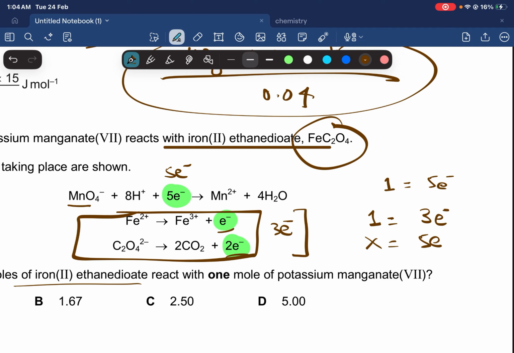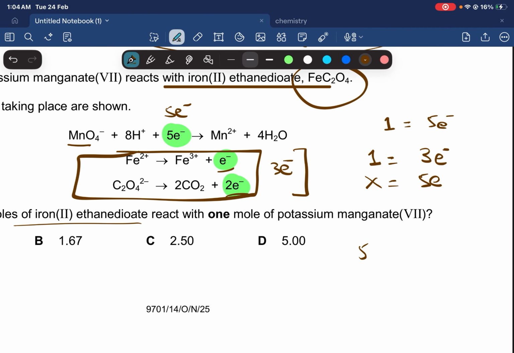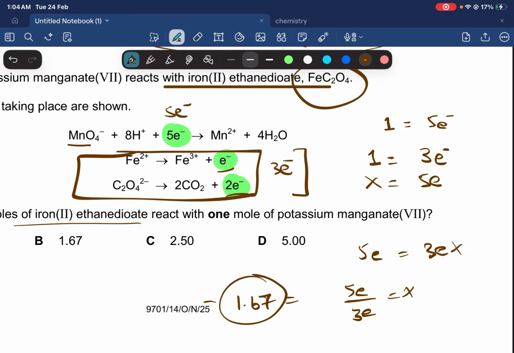How many moles are we going to have? 5e equals 3ex, so 5e upon 3e equals x. 5 divided by 3. What do we get? We get 1.67. That's the moles of FeC2O4 that are going to generate 5 electrons.